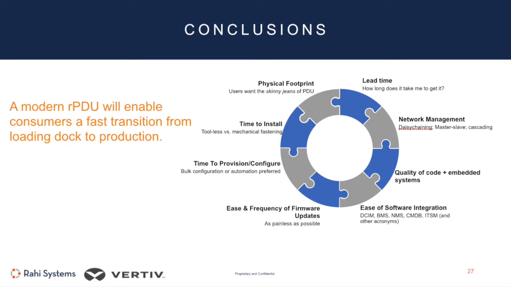An rPDU that is bought in 2019 and deployed in 2019 should enable a fast transition from the time it arrives at your loading dock to the time that it's installed in a rack and goes into production. So a PDU supplier that addresses each of the categories in this puzzle piece, we think, will provide the speed of deployment that consumers demand in this ultra-fast economy, in this ultra-fast data center environment.